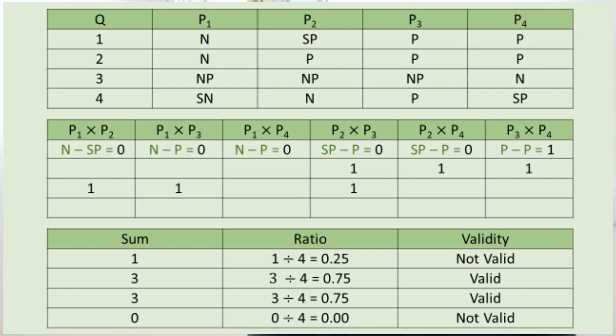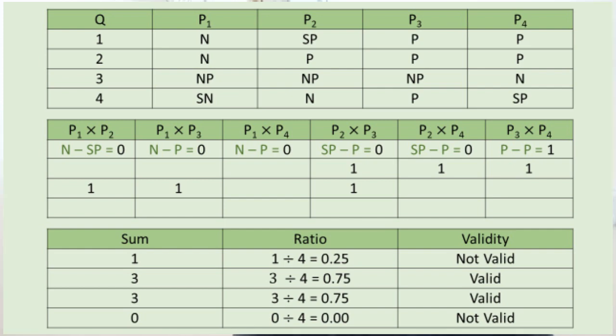Let us take question number 1. As we pair P1 and P2, N and SP, they are not the same, 0. For the second pair, P1 and P3, N and P, not the same, 0. For P1 and P4, N and P, 0. P2 and P3, SP and P, not the same, 0. For the fifth pair, P2 and P4, SP and P, 0.